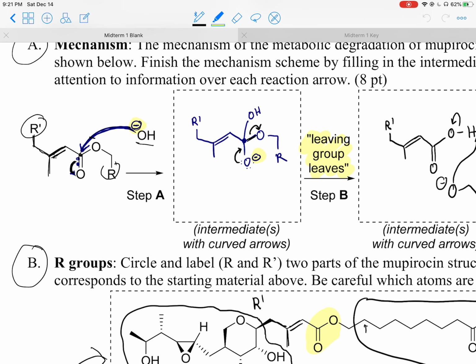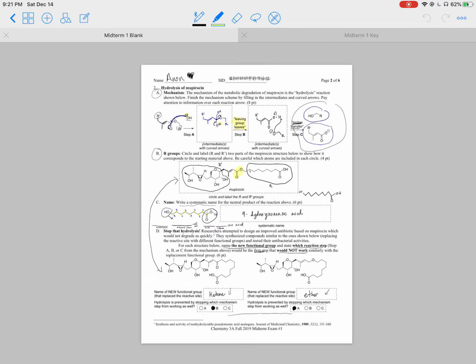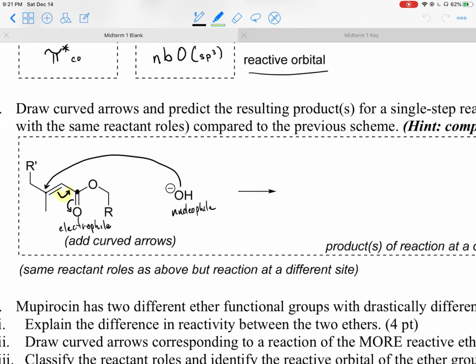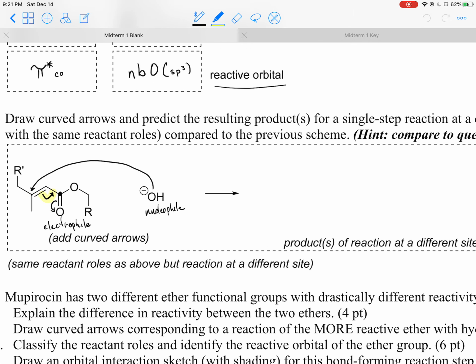Yeah, it's like this one, where we're attacking with the OH. But we can figure it out without looking at question 2a. We can just attack over there. So we have our prime, our methyl group, sigma bond.